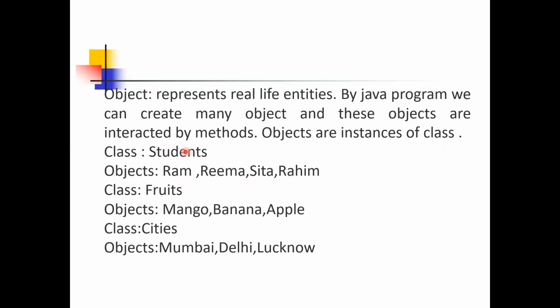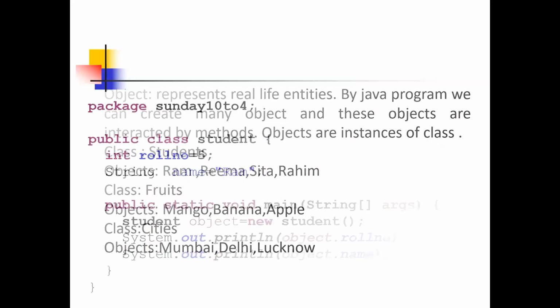So class is the standard template, and the objects are real life entities. For example, if fruits is a class, then objects are mango, banana. If class is cities, then objects will be Mumbai, Delhi, Lucknow, etc.